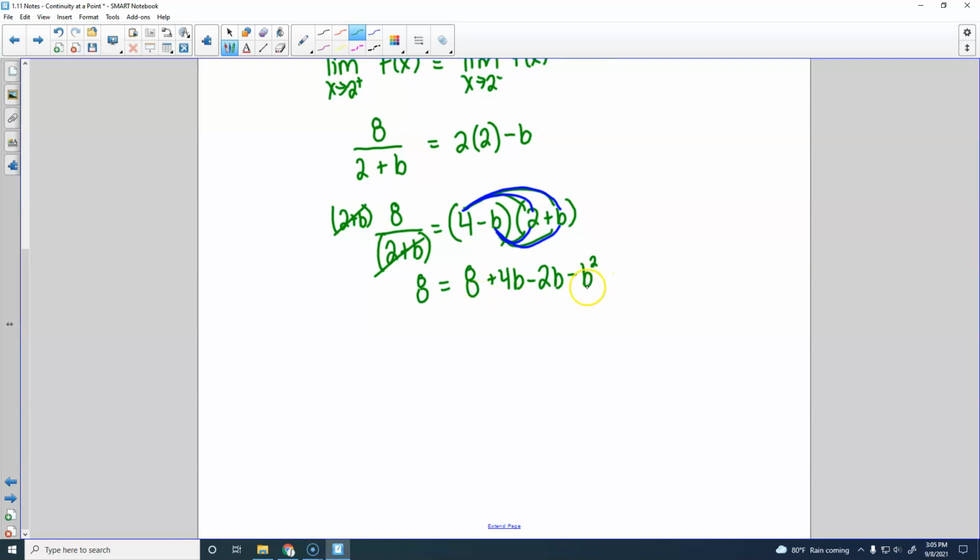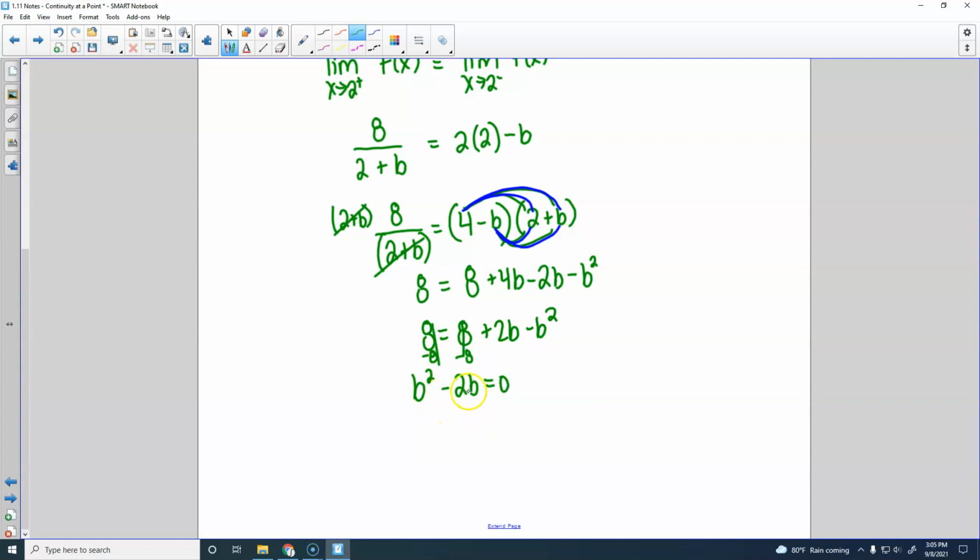Alright, so how do we solve a quadratic? Quadratic formula. That's one way, but it's not the easiest here. Anytime you have a quadratic, we'll move everything to one side. So I'm going to move everything over here to the left side so that that b squared will be positive. Actually, let me combine my like terms first. So you got b squared minus 2b, and then when you move this 8 here, it actually cancels on both sides.